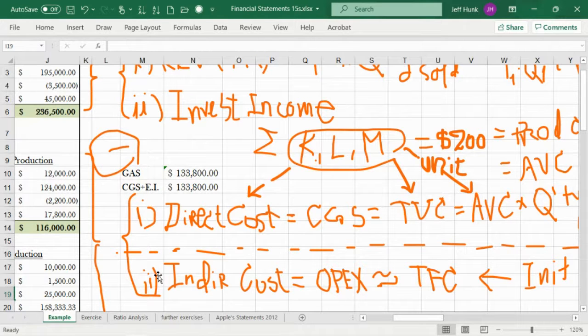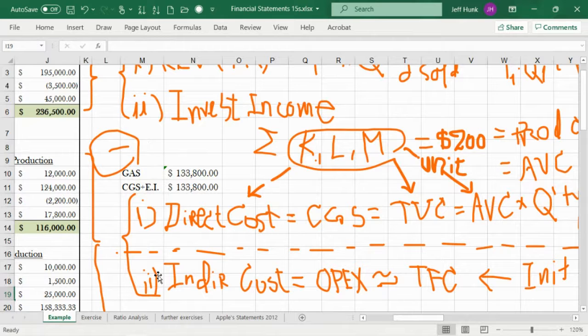And if you built 100 units, then it's $20,000, because it's 200 times 100.